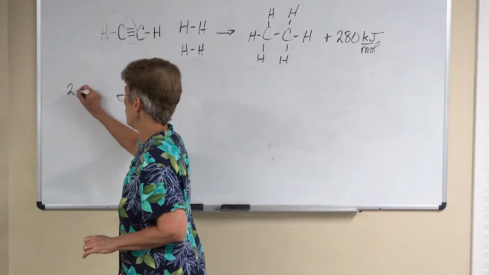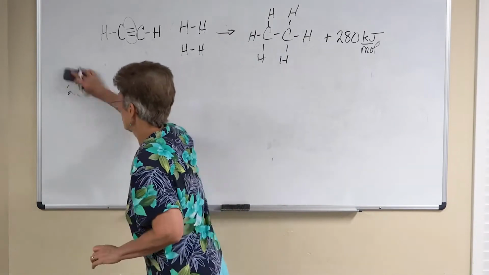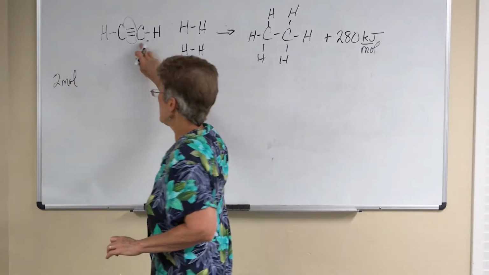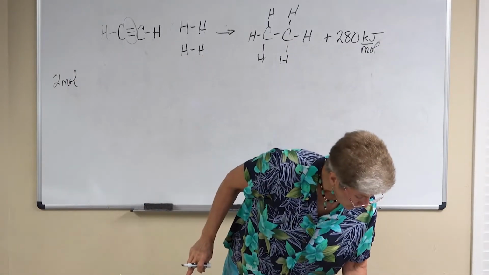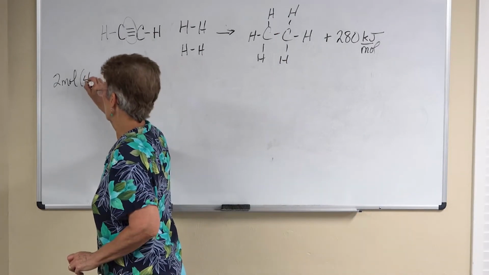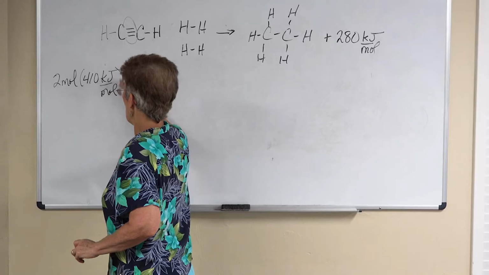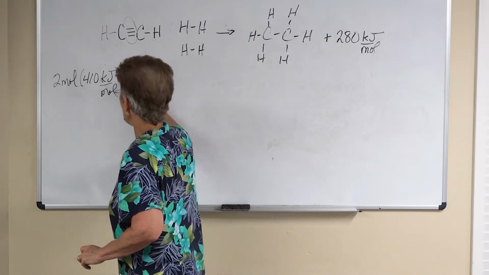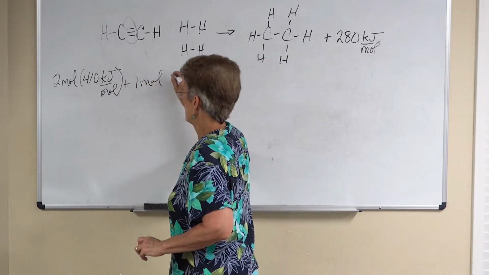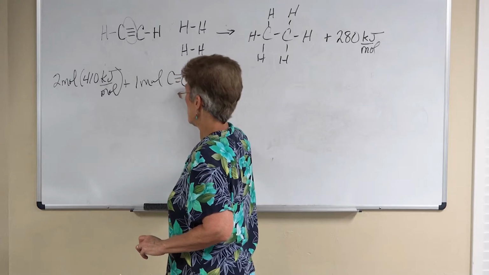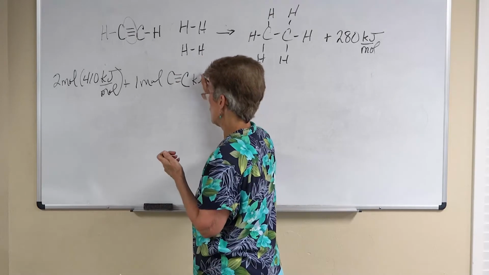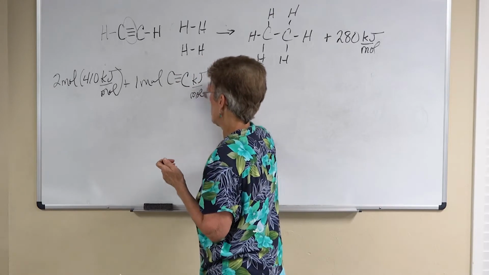So we're going to have 2 moles of the H to C bond, which is 410 kilojoules per mole. And then plus 1 mole of the C triple bond C, and that's going to be in kilojoules per mole is what we're trying to find here.